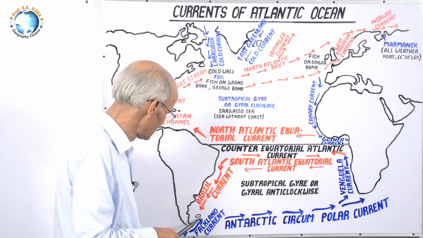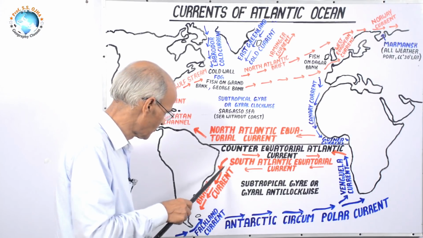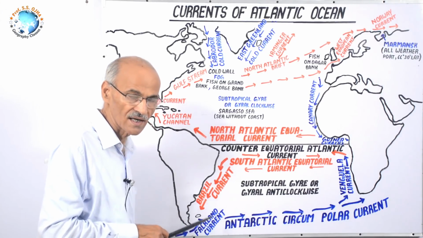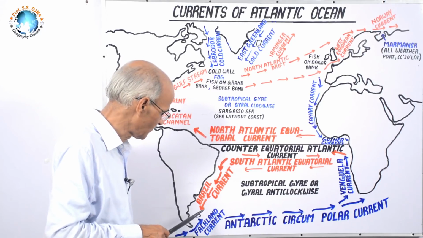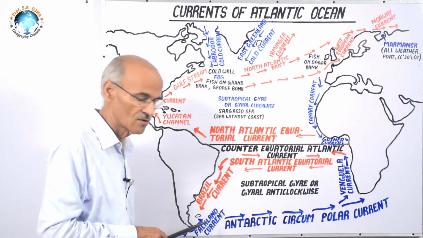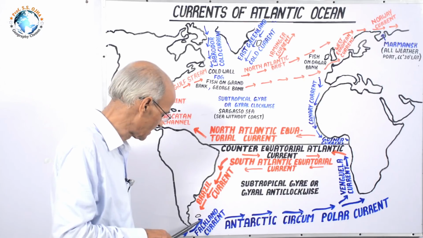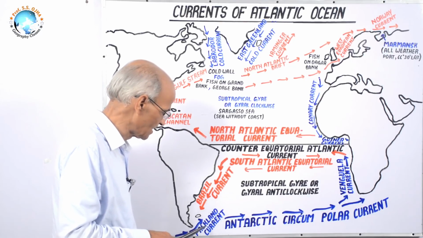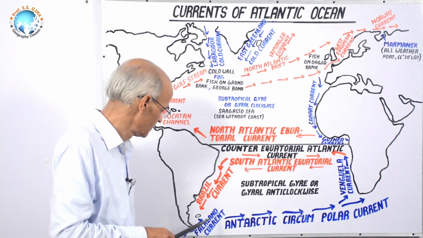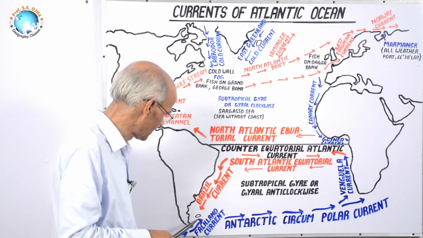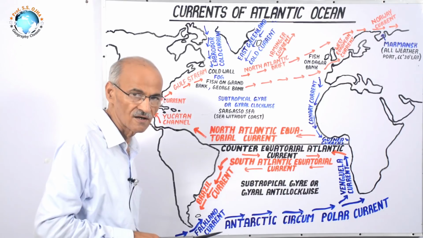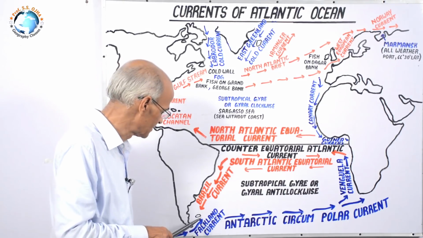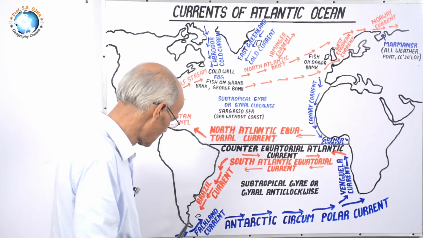Means here there is a meeting of warm and cold water, hence fog in the atmosphere, phytozooplankton in the ocean, and here fish develop in large quantity, and the economy of the Falklands and South Argentina depends on this fish resource.